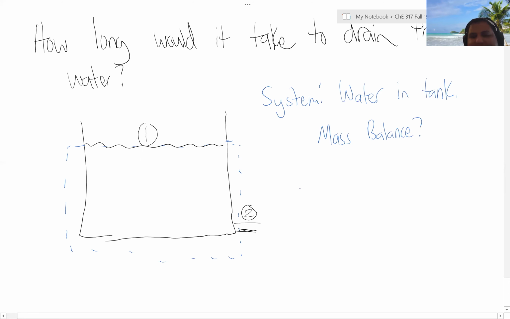Keeping in mind, if we went back to 307, we would have mass in minus mass out plus mass generated minus mass consumed equals mass accumulated.